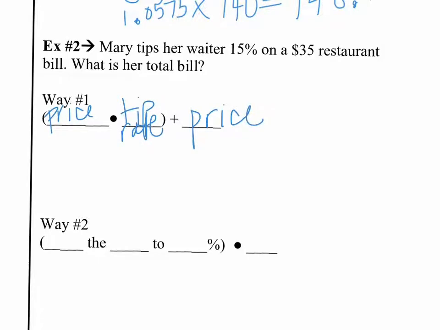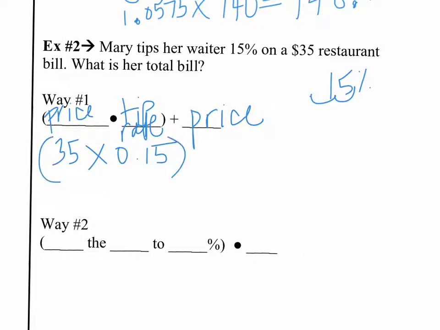The price of the meal was $35 multiplied by the tip rate of 15%. Change that to a decimal, would be 15 hundredths. When you do the math, and you can pause the video to do that, you will get $5.25.